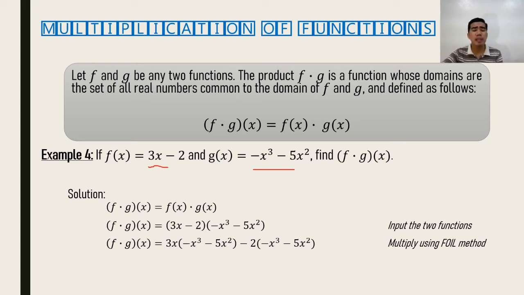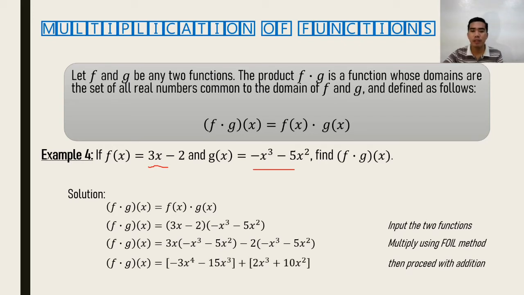Again, this illustration is showing the FOIL method. Giganyan ko lang para mas maintindihan ninyo. So, again, multiply using the FOIL method. Then, same process, multiply. So, we have here the result.